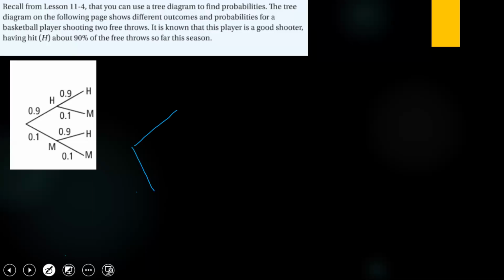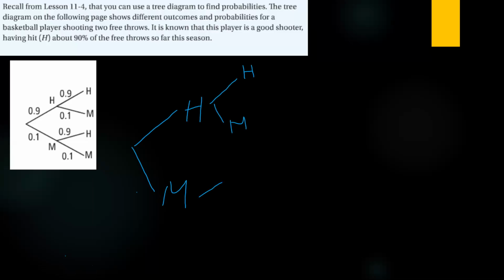So let's look at the first shot. On the first shot, he could hit, or he could miss. On the second trial, he could hit, or he could miss. What does it mean?